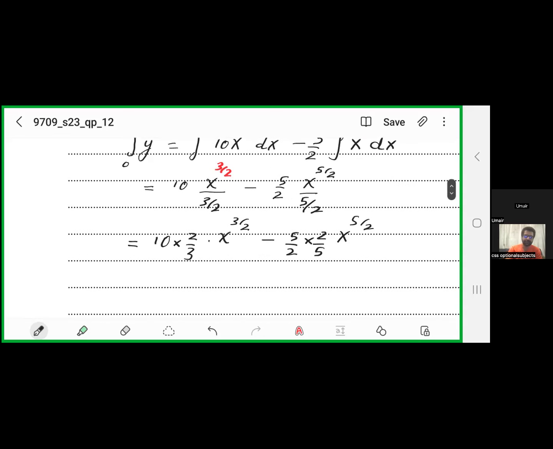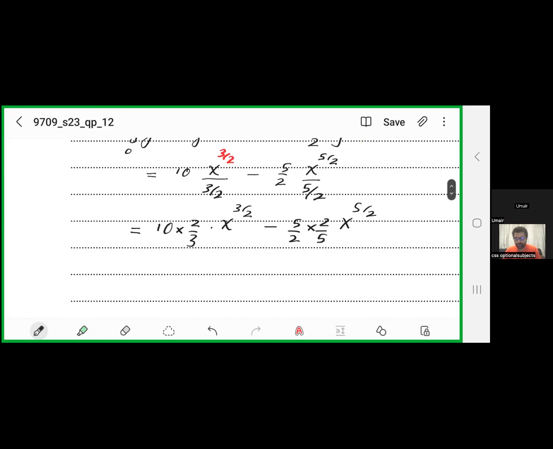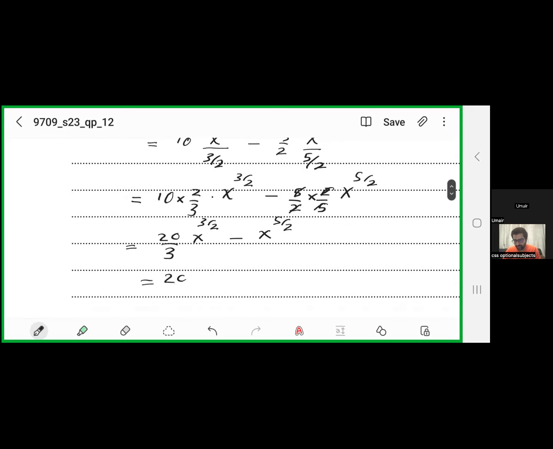Now apply the limits here. So that will become 20 over 3 x power 3 by 2, and you can cancel this one, it will be simplified to x power 5 by 2. The upper limit is 4, so 20 over 3, 4 power 3 by 2 minus 4 power 5 by 2.